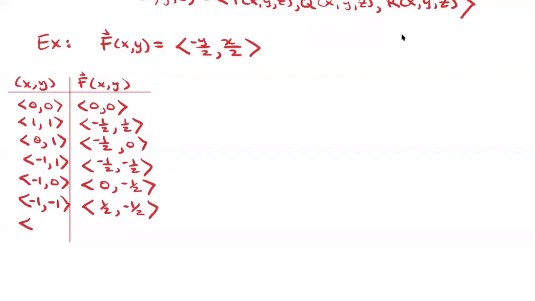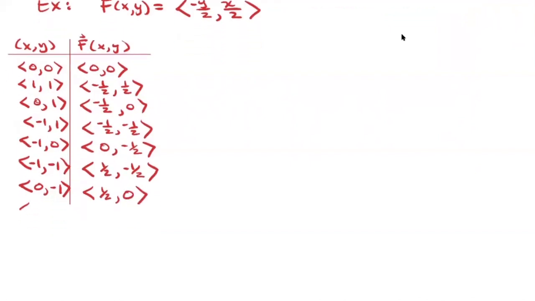How about 0, negative 1? These are just points very close to the origin, and there's a lot of them. Switch the coordinates: the y becomes the x and it changes sign, so you get a positive half. The x becomes y, stays 0. How about 1, negative 1? This is going to output a half, a half. How about 1, 0? This is going to switch to 0, a half.